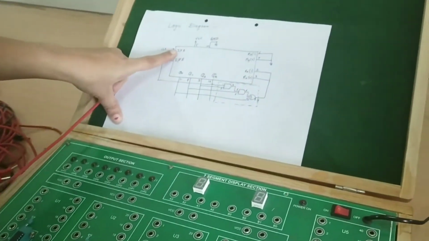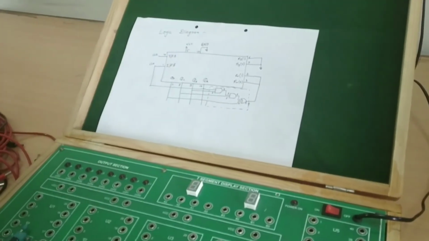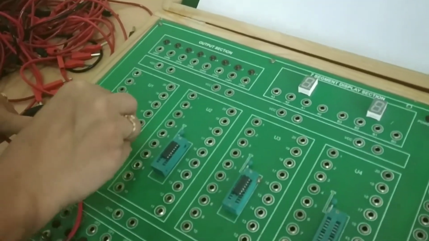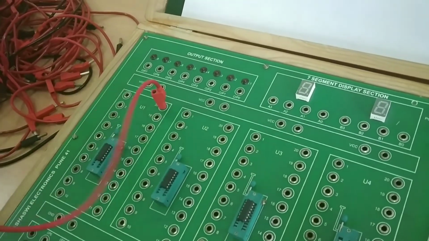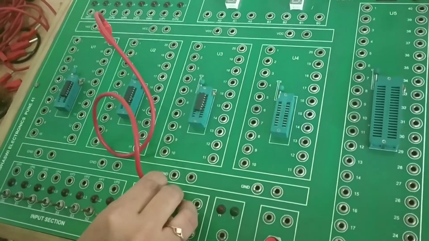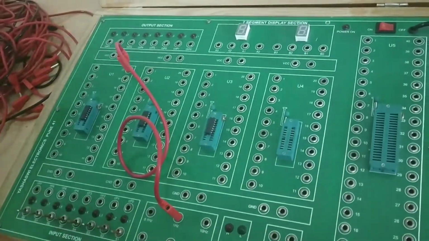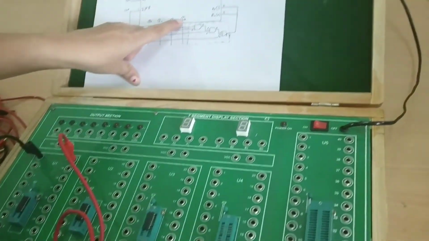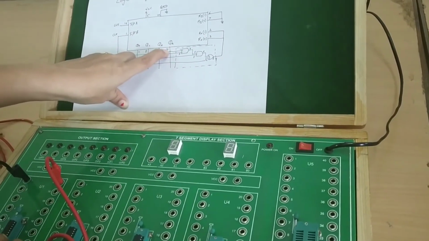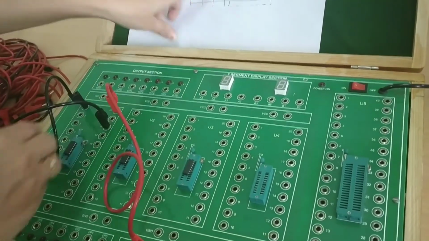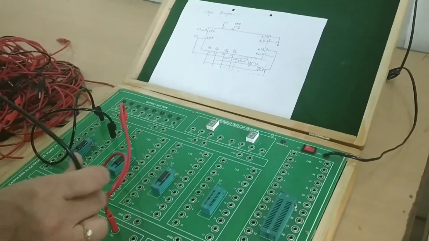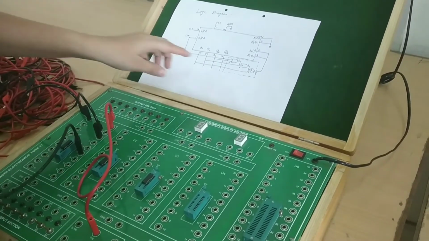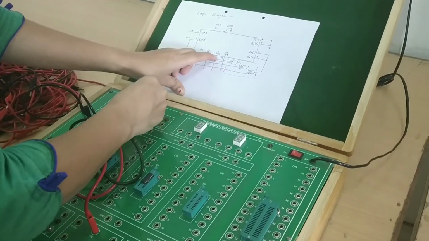You can see input A, that is pin number 14, right? That should be connected to the external clock here. Other than that, input B, that is pin number 1, should be connected to QA, that is pin number 12. Then QB, that is pin number 9, is displayed in the output section.